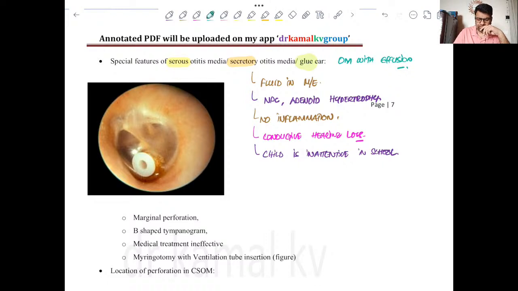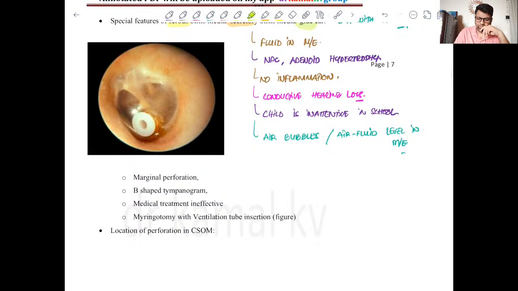And when you do otoscopic examination, you will find air bubbles or air fluid level in middle ear. Clear? And then there is B-shaped tympanogram, and since there is no inflammation, so antibiotics have no role. Clear? So there is no role of antibiotics.